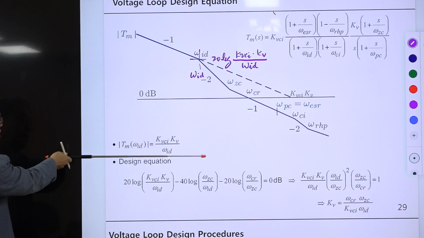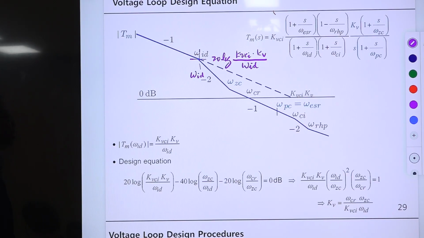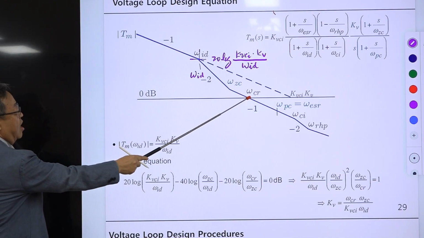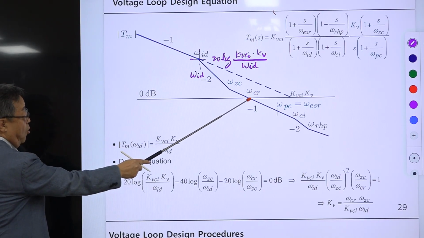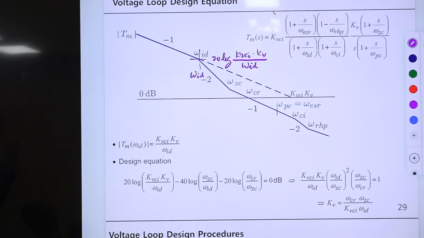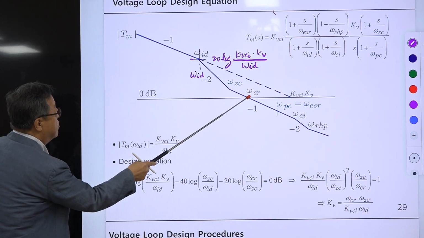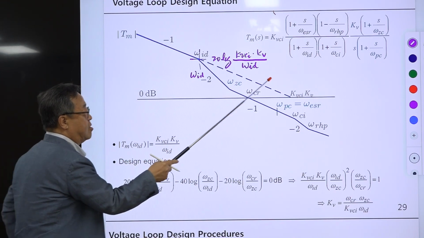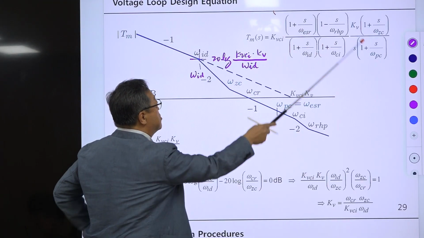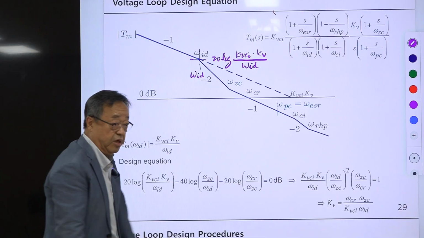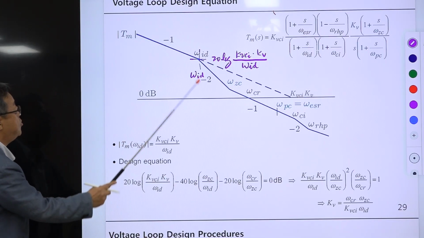So I wrote down here the design equation. Suppose you select this omega CR, the loop gain crossover frequency, at this point. This is your desired location of crossover frequency. Then assume this is fixed. Then you want to compute the value that actually places the loop gain crossover frequency at this point. There is a simple algebra.